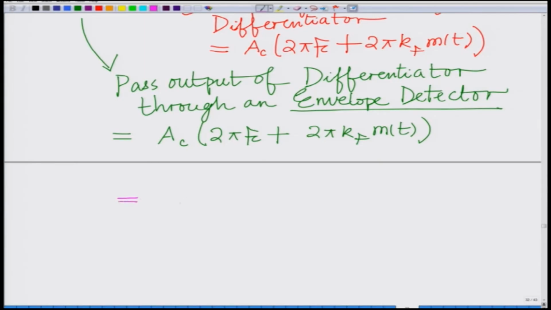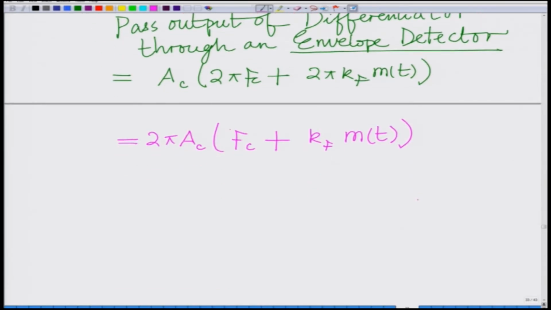Now consolidating the terms, this is A_C times 2 pi times f_c plus k_f m(t), which is equal to 2 pi A_C f_c times 1 plus k_f m(t) divided by f_c. Okay.